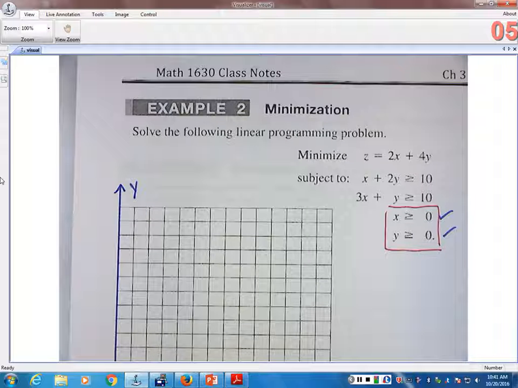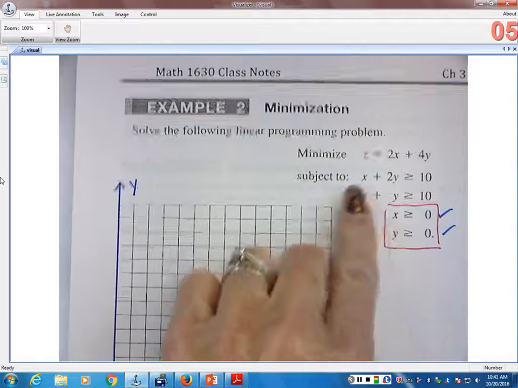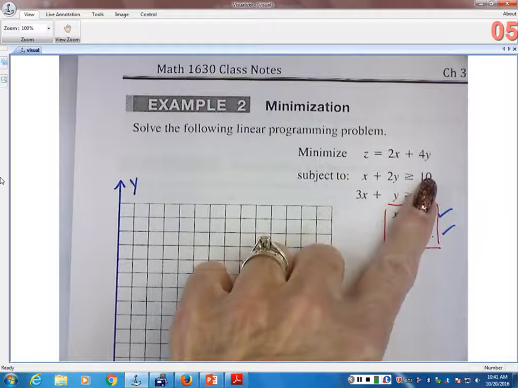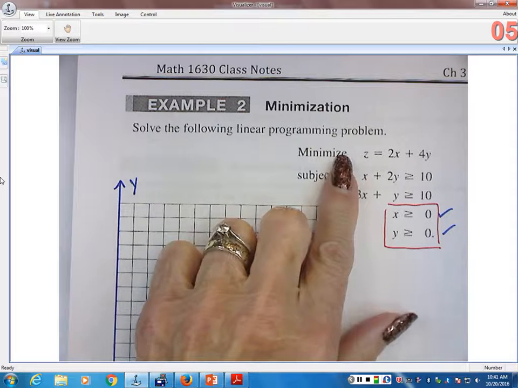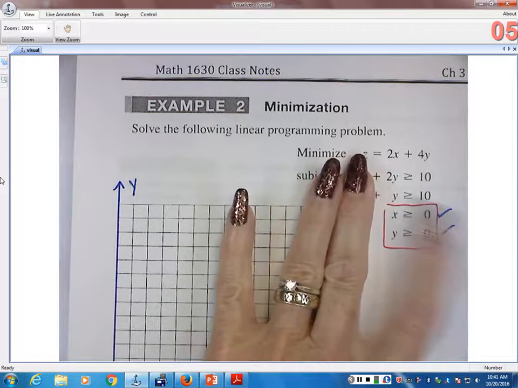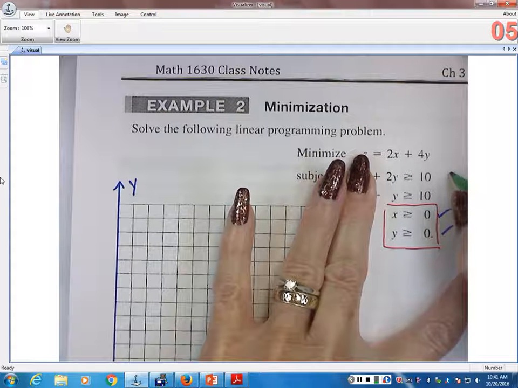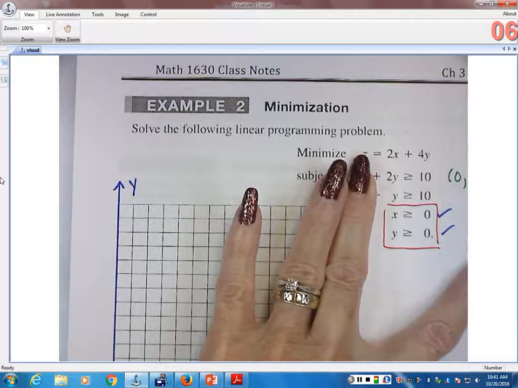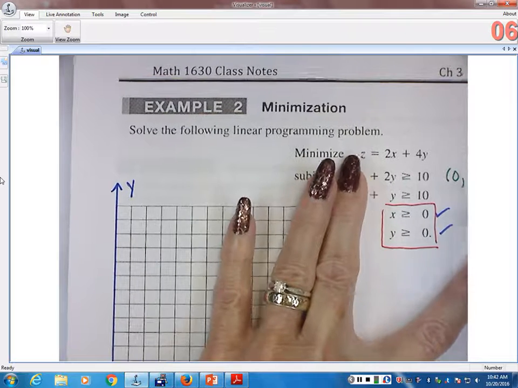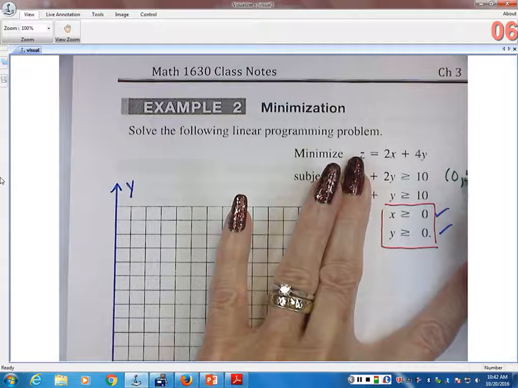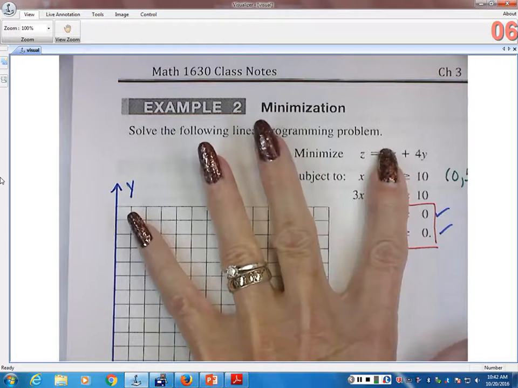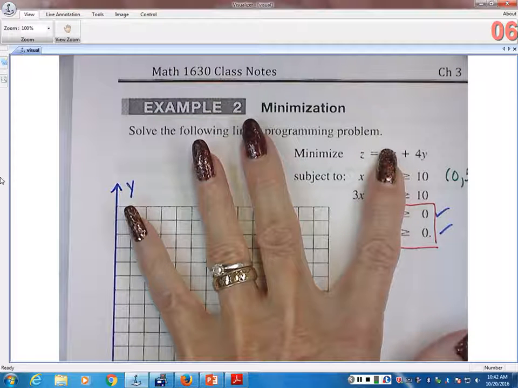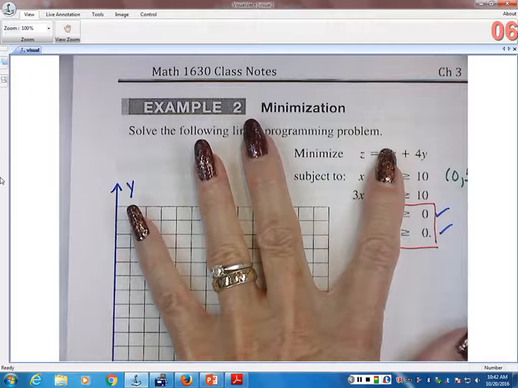and graph the two constraints, x plus 2y is equal to or greater than 10. So if we let x be 0, y is going to be 5 on the boundary line. If we let y be 0, then x is going to be 10.